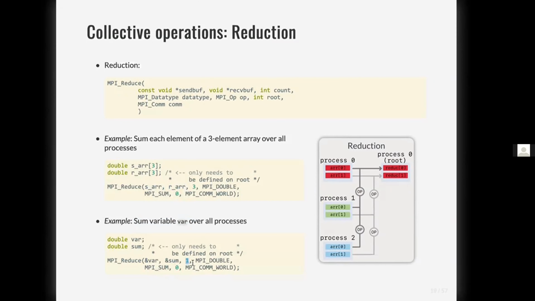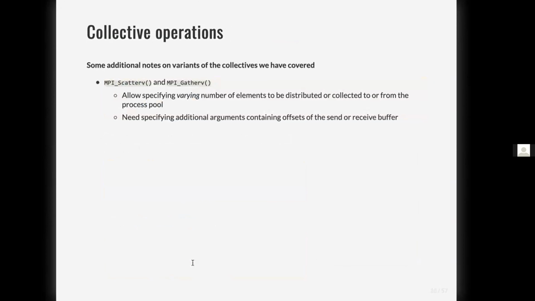And before I go on, I just want to maybe talk a bit about some additional notes on variants of these collectives that we won't cover, but just so that you have in mind. Just like MPI scatter and MPI gather, there are these V versions of them which end with a V. And these allow specifying varying number of elements to be distributed or collected to or from the process pool, right?